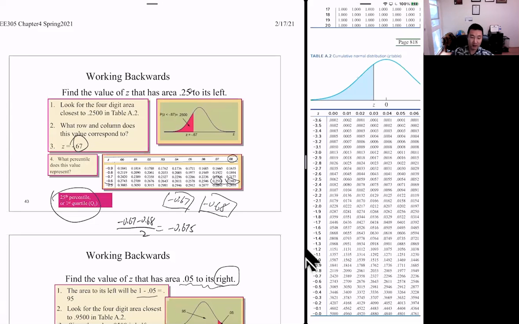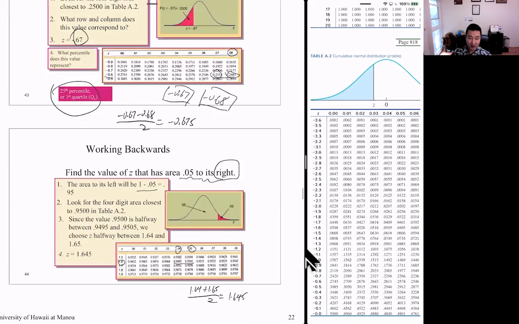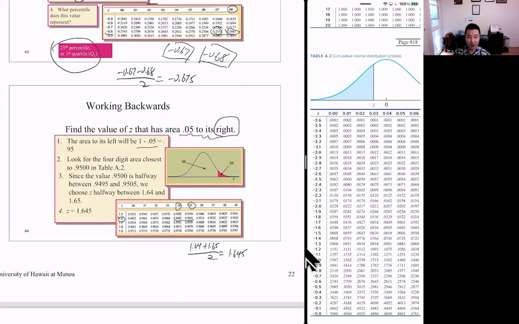So that's called working backwards. If it's asking for the value of z that has an area of 0.05 to the right, then we use 1 minus 0.05, which is 0.95. So that's the value we need to look for in the z-table. So, working backwards.